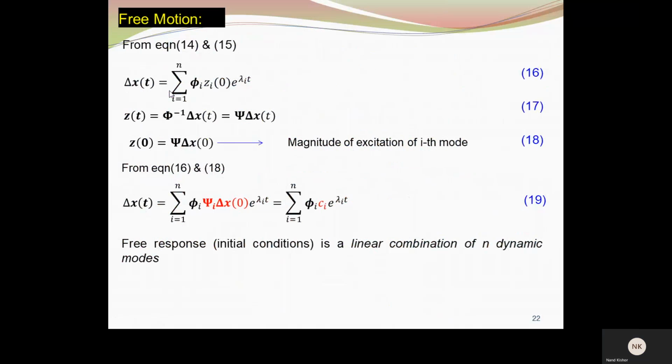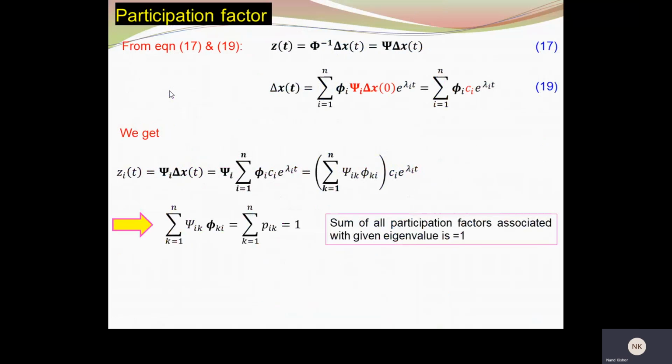In fact, I have rewritten these equations 17 and 19 on this slide. So we get it as 5 items here, and we write down further in this form.